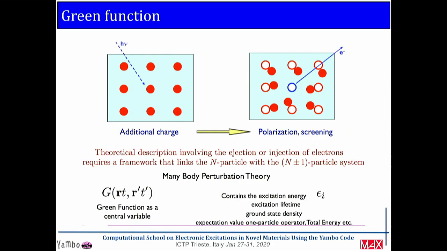This is why, as shown by Andrea one hour before, the Green function is the central variable that naturally contains as its poles the excitation energies we are looking for, exactly the quasi-particle excitation energies and exciton lifetimes. I will show some examples at the end of the lecture. Using Green function theory, we also have access to total energies and to any expectation value of a one-particle operator. So it is very powerful, this many-body perturbation theory and the Green function method.